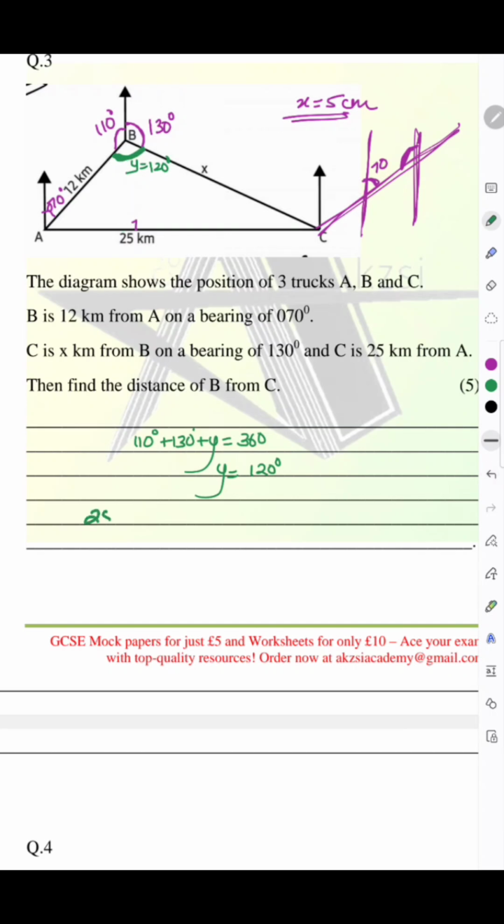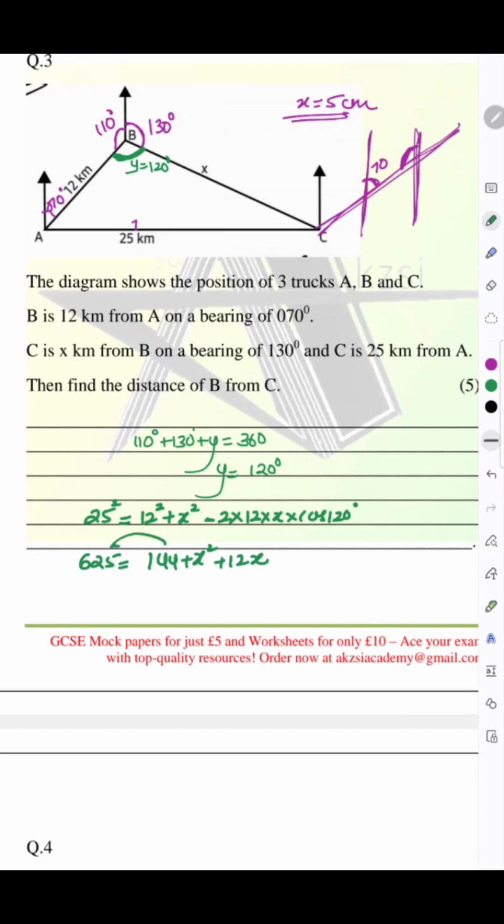So 25 squared is equal to the sum of squares of the other two sides, which is 12 squared plus x squared, minus 2 times 12 times x times cos of 120 degrees. This will be 625, this will be 144 plus x squared, and cos 120 times 2 times minus 12 will give you plus 12x.